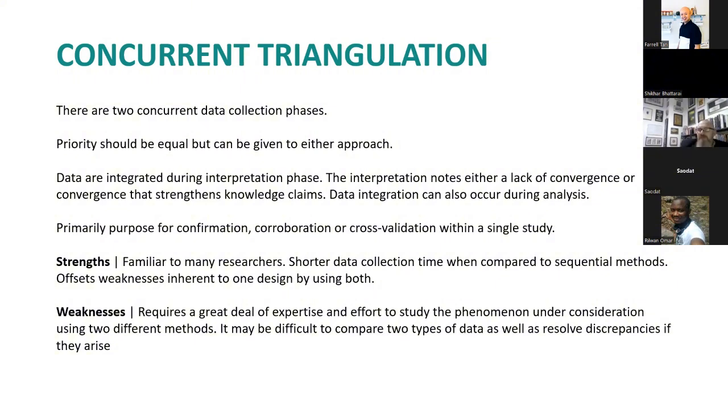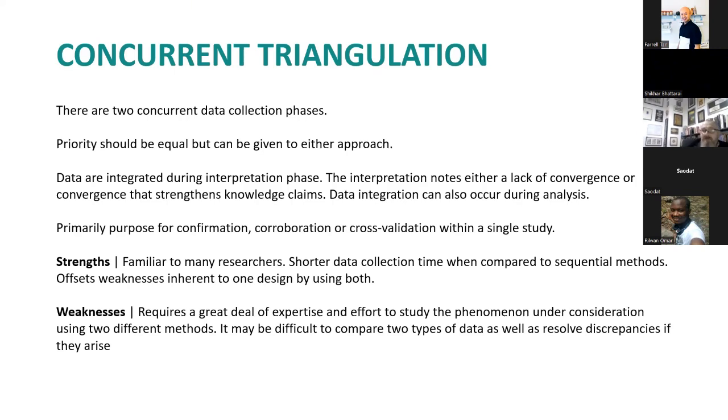The interpretation, though, even though it's sort of concurrent, because the data is integrated at interpretation, potentially could lack some convergence that will strengthen our knowledge claims or what we understand. So it's not always going to give us totally comprehensive results. The strengths that we get is it's pretty familiar.